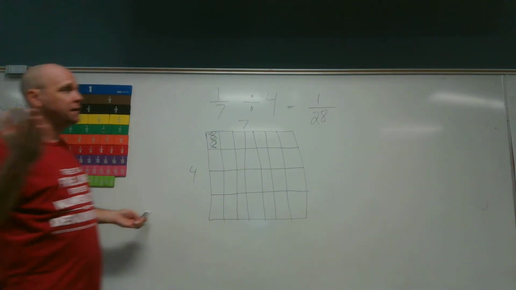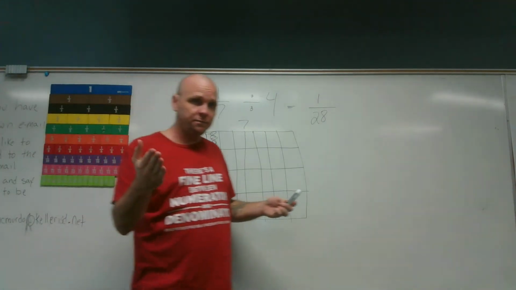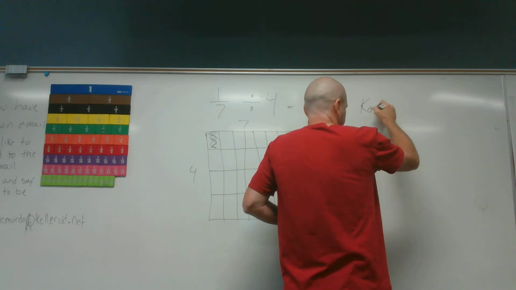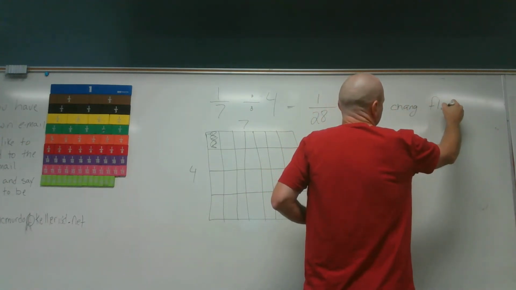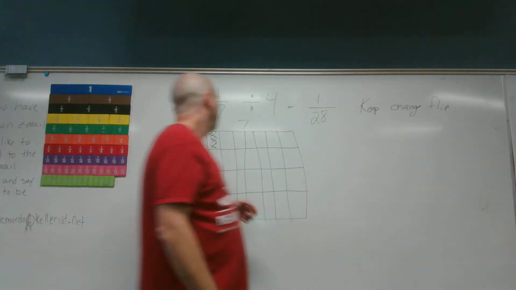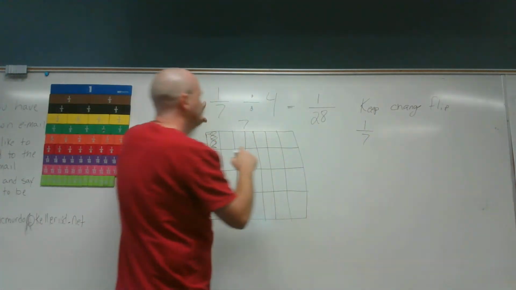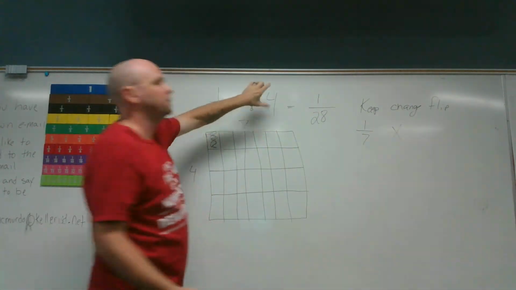Now if we talk about the standard algorithm, which is what you use, right, Caden? Okay, so with the standard algorithm, we'd have keep, change, flip. We'd keep our first fraction the same, 1/7. We'd change division to multiplication, and we'd flip the 4 over.